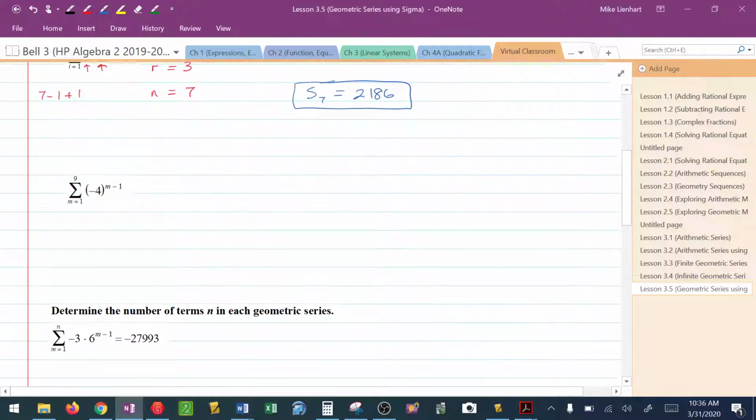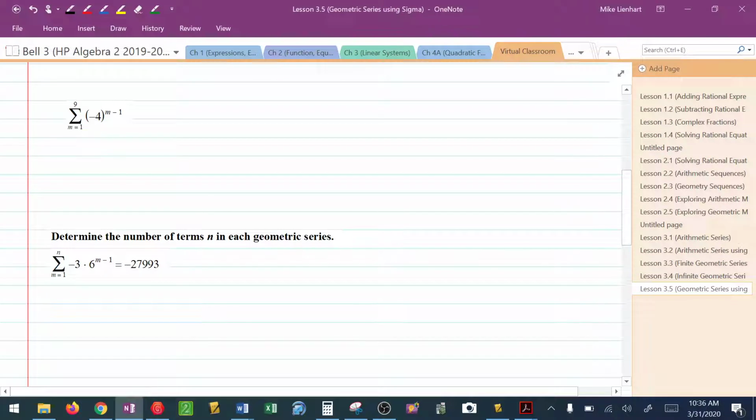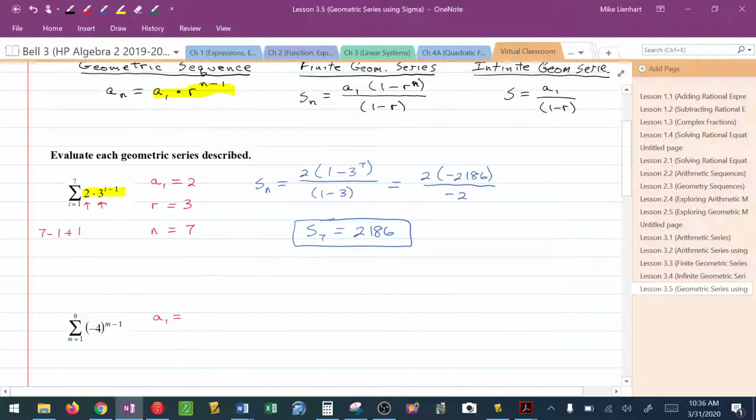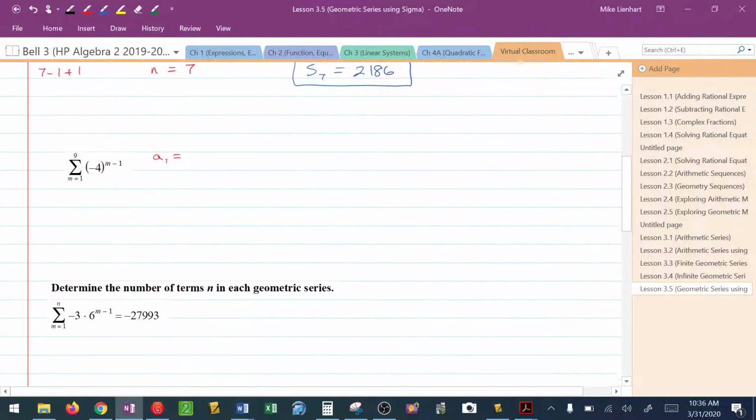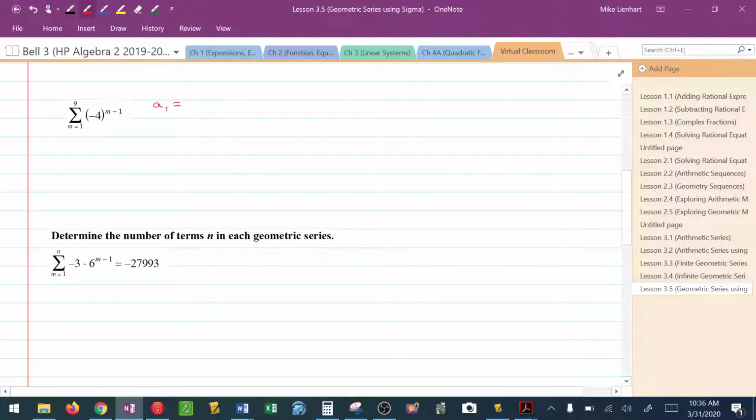Now let's try this one. Again, I know this is a finite geometric series. If it's a finite series, the first thing I want to do is identify a sub 1. Look at the formula again: a sub 1 times r to the n minus 1. There's no number in front of this negative 4, so I'm going to say that a sub 1 is 1.